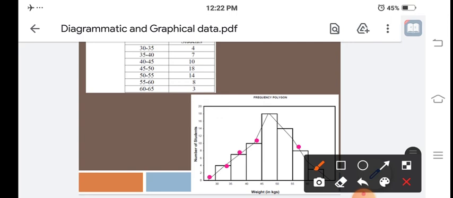It helps for comparison purposes, and it is used for continuous as well as discrete frequency distributions.